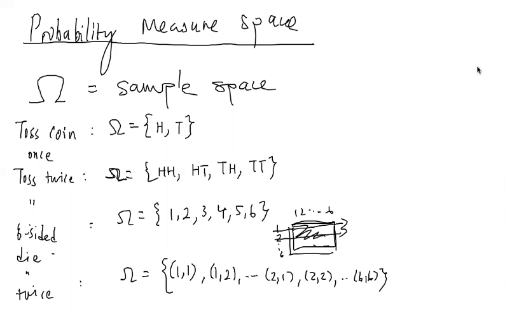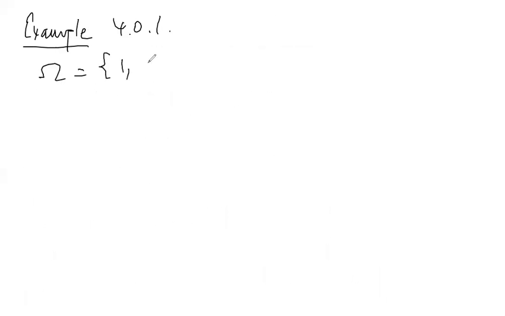Yes, Doctor. Okay, now we want to consider something that you may not have thought about before. We want to consider a collection of subsets of omega. Let me clear this. To do this, we go to example 4.0.1. Suppose you have omega equals {1, 2, 3}.